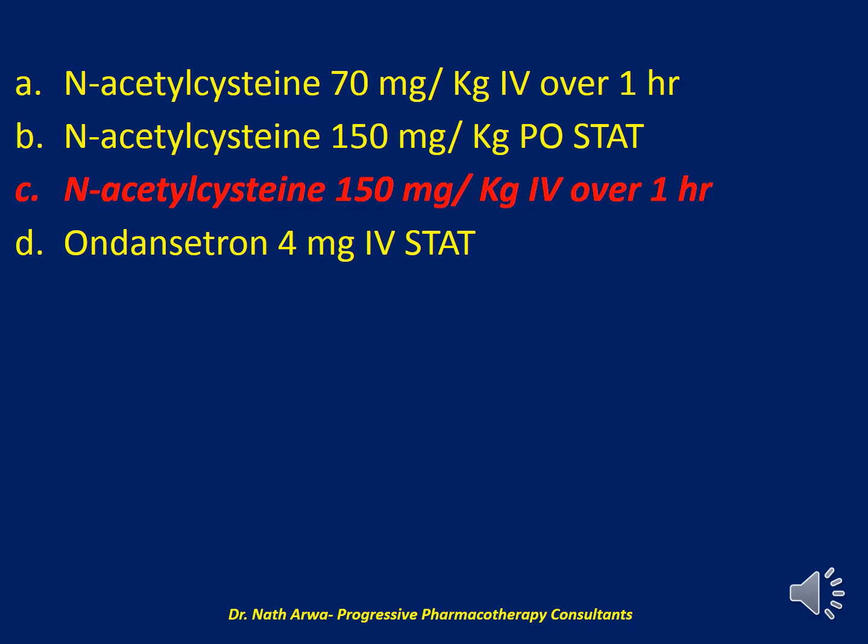However, with the above options, the only correct dose route combination is 150 milligrams per kilo IV over an hour. Now, acetaminophen indirectly inhibits prostaglandin H2 by blocking the heme on the peroxidase portion of this particular prostaglandin. That's just a by the way for your information. Let's move to the next question.